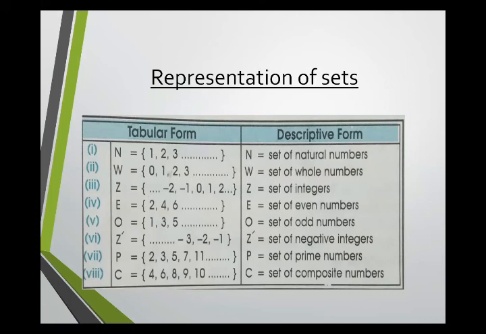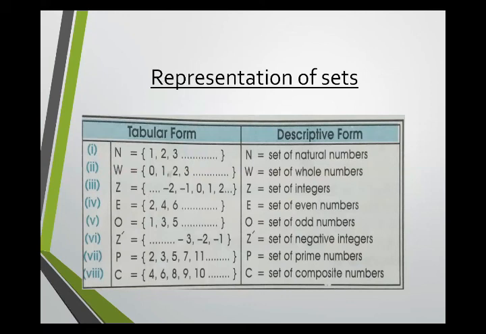We put some dots in the starting, and then we write the last 3 numbers of this counting: -3, -2, and -1. The set of negative integers ends at -1. And where does it start? We don't know where it starts, so we put some dots. It shows this counting also must go on. In descriptive form, we write set of negative integers.